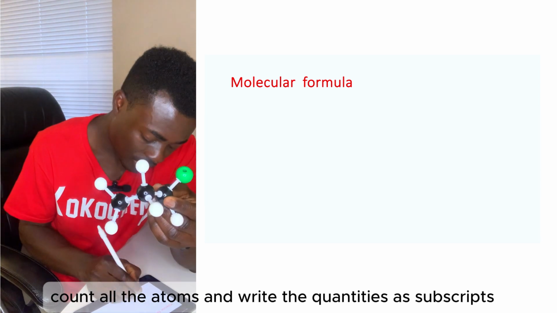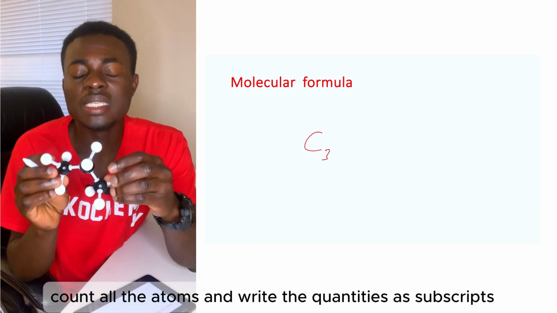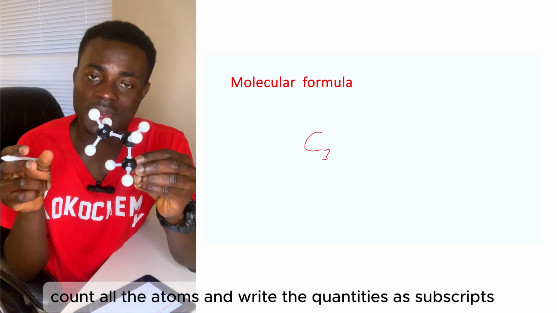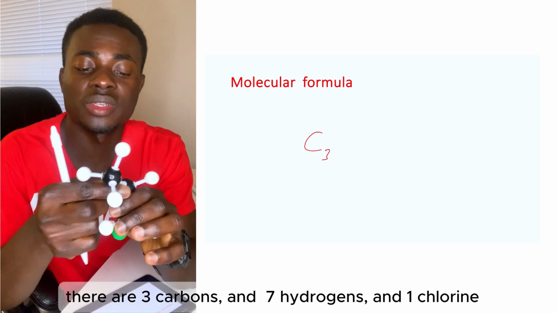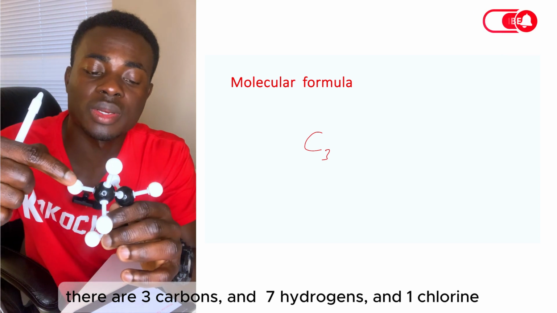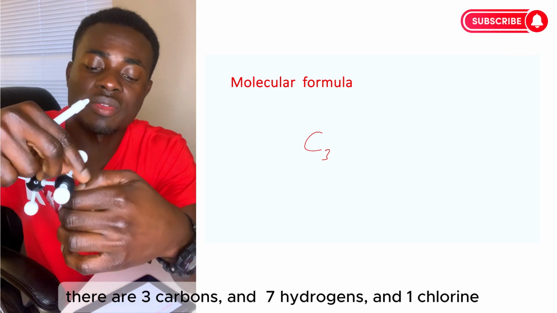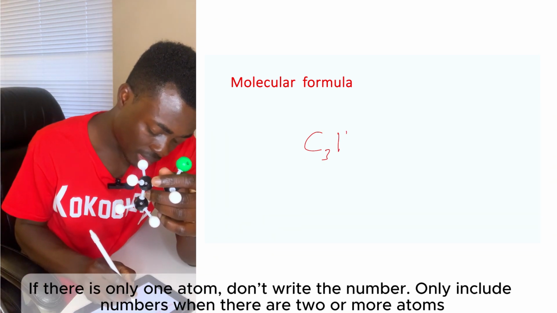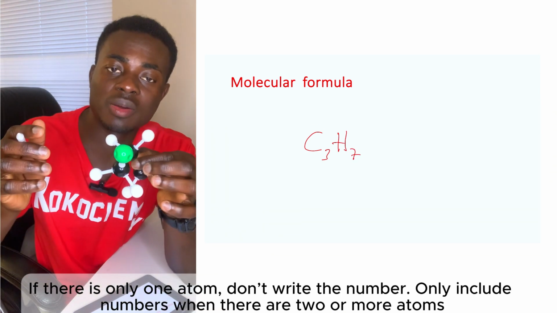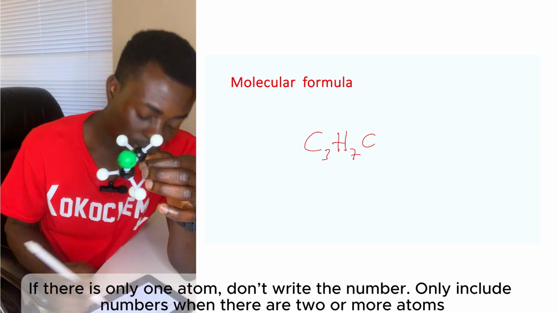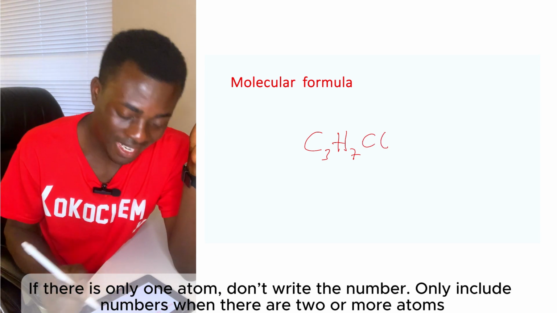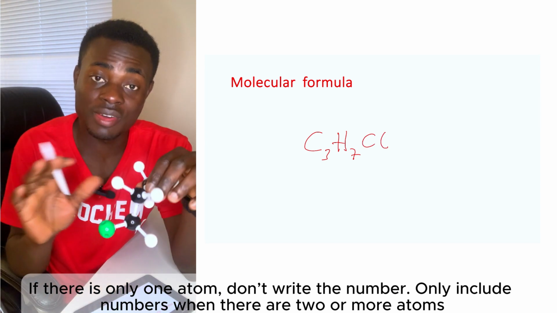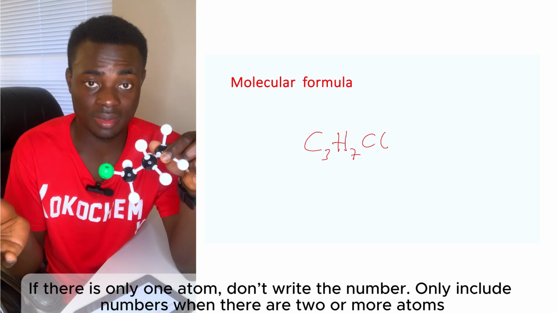So we write C3. The hydrogens: 1, 2, 3, 4, 5, 6, 7. So we write H7. Chlorine is 1, so we write Cl.